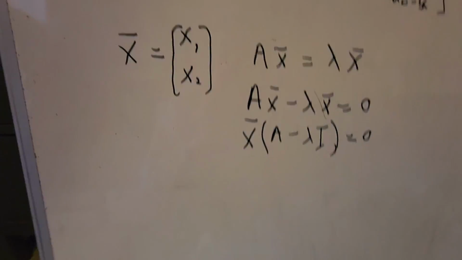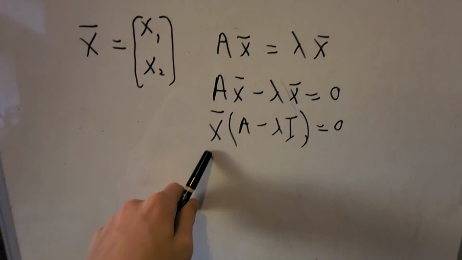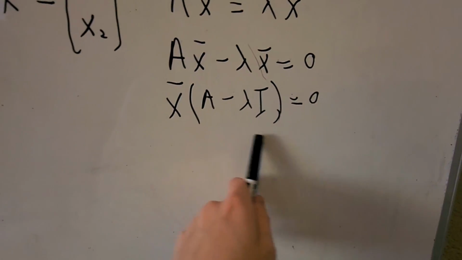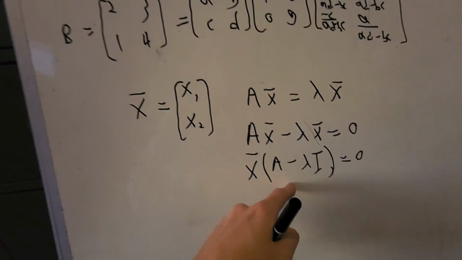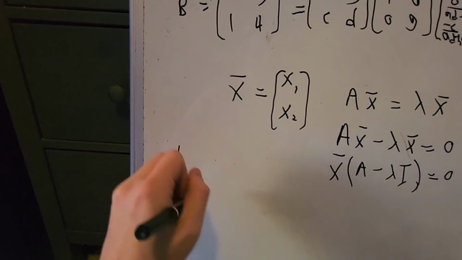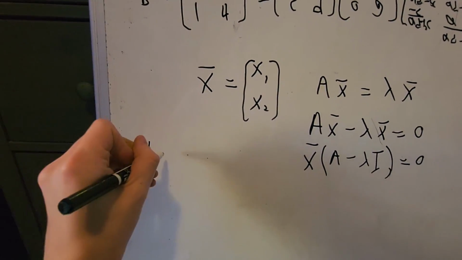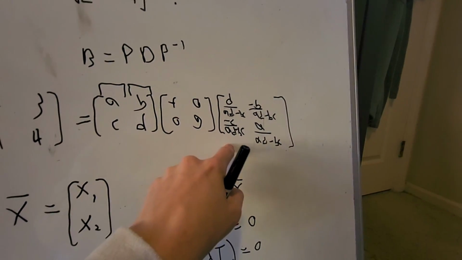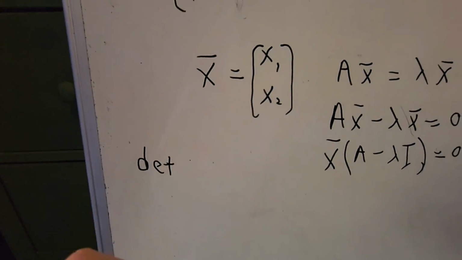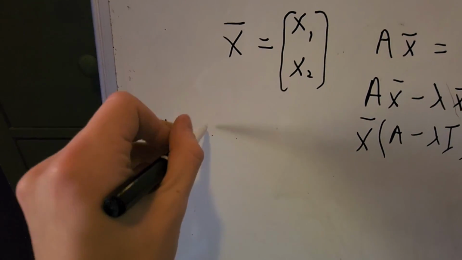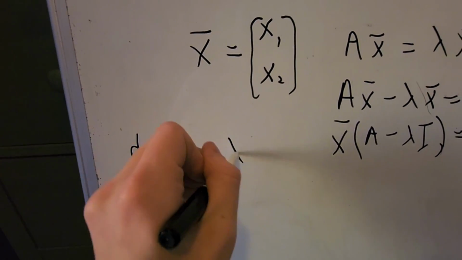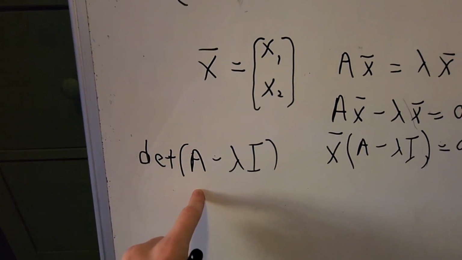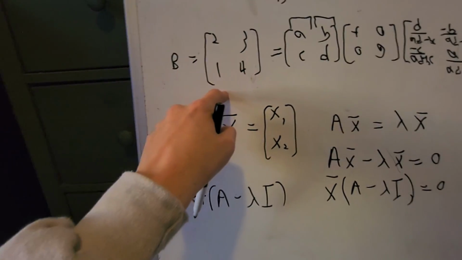And assuming that this is not the 0 vector, we now have to solve for this. And then to solve for these lambda values, we're going to take the determinant. I kind of showed what that was over here, of A minus lambda I. So let's figure that out for this matrix here.